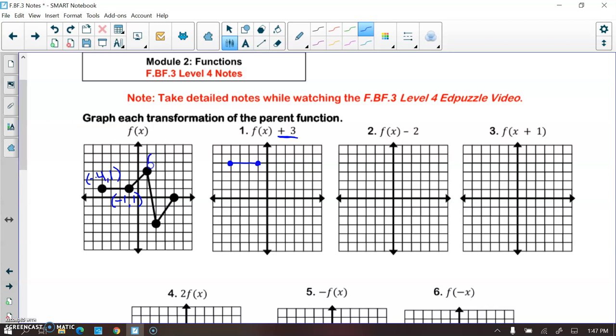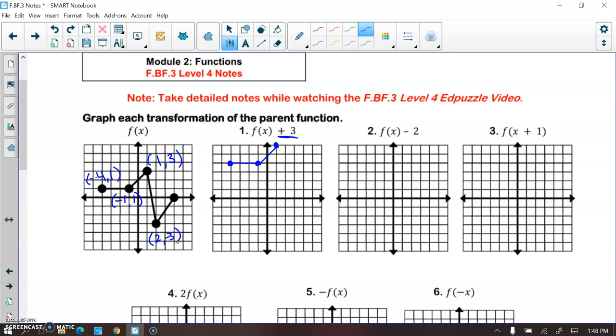Now my next point is 1, 3. Starting at 1, 3 on my new graph, I'm going to move that point up 3 units. And now I can connect these 2 points together. And my next point is 2, -3.